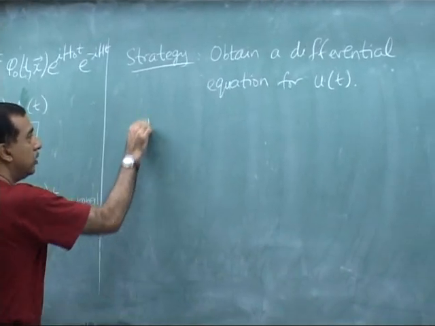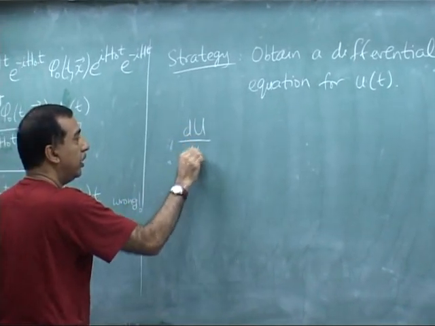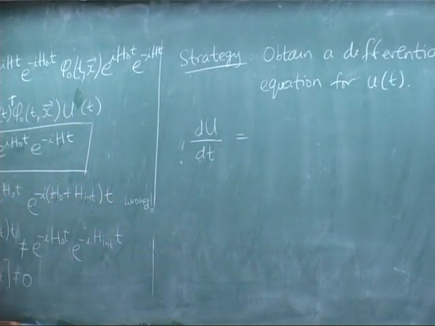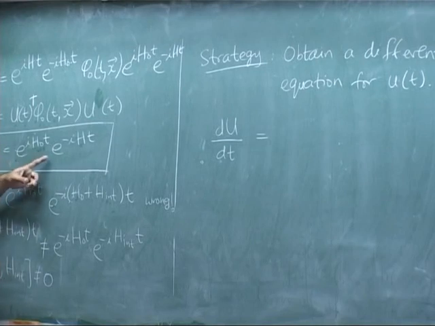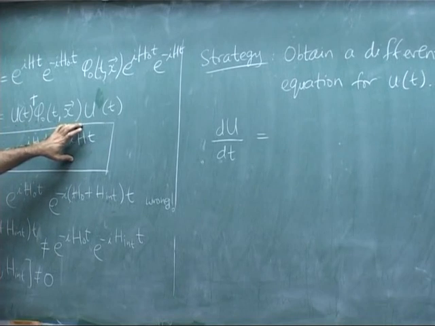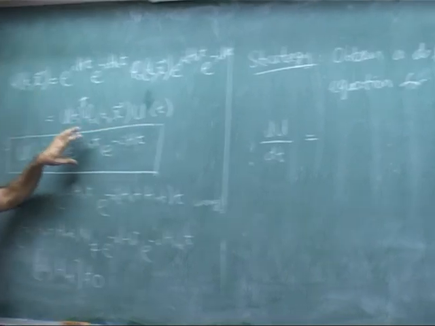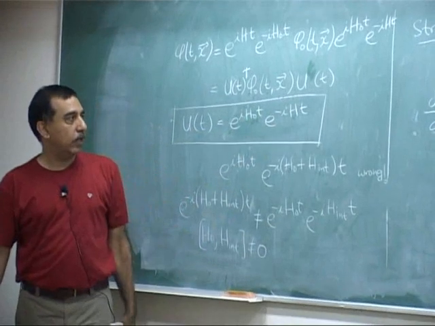So the differential equation is obtained by simply acting with d by dt on u, and u is defined by this. Now let's be very careful and ask what is d by dt on this. So d by dt, these are two factors. So d by dt we can certainly distribute, acts first on this factor, second on that factor.